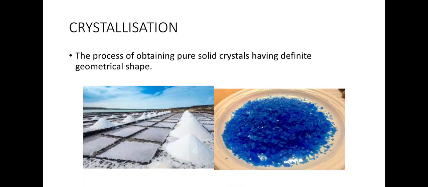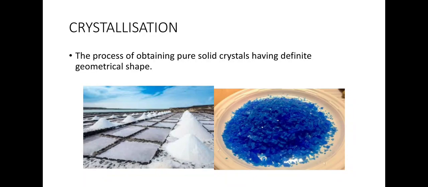Many substances, like you might have seen in the kitchen, sugar, salt, urea, copper sulfate, potash alum and table salt, form crystals. So what is crystallization? It is a process of obtaining pure solid crystals having definite geometrical shape, is called as crystallization.